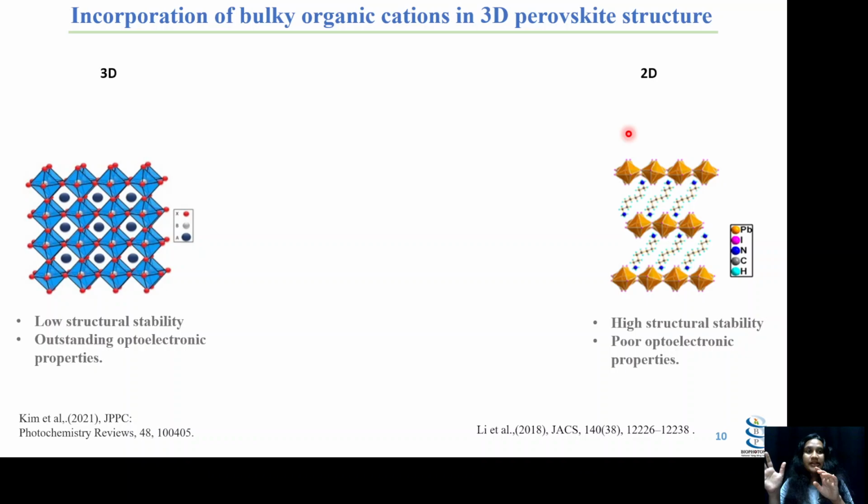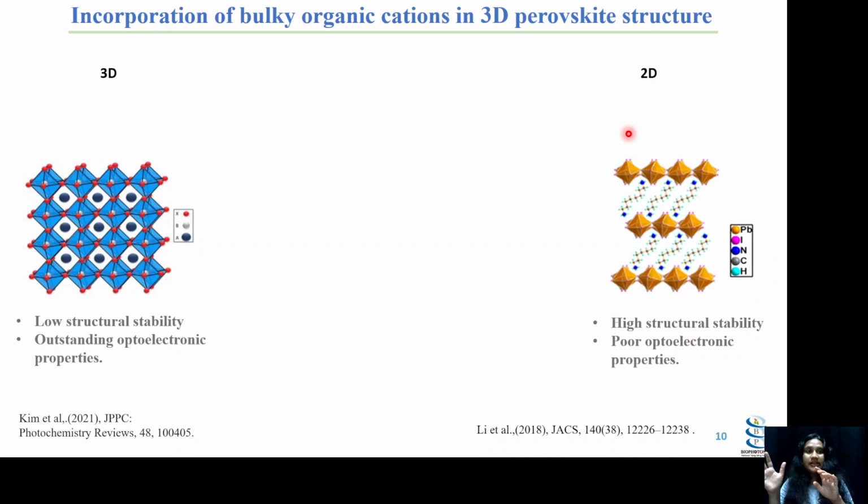So we get 2D mixed 3D intermediates, and if we increase the concentration of the bulky organic cation, we would end up with a fully 2D perovskite. So we only increase the concentration of the bulky organic cation enough to get the intermediate 2D mixed 3D phase.